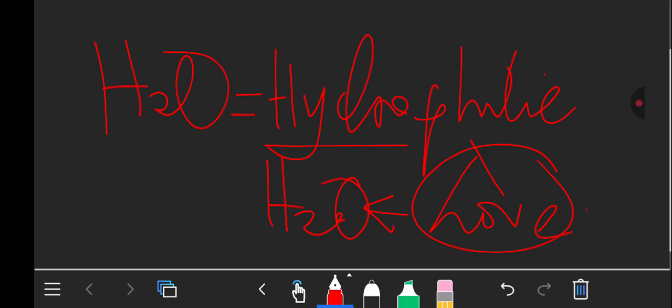So some substances are able to dissolve in water, and those substances are called hydrophilic. But there are some substances which are not able to dissolve in water, so those substances are known as hydrophobic.